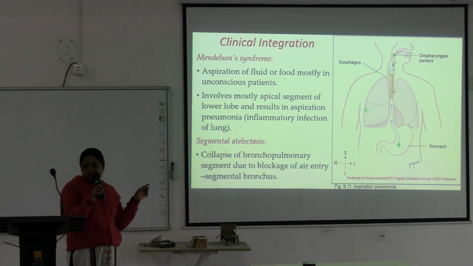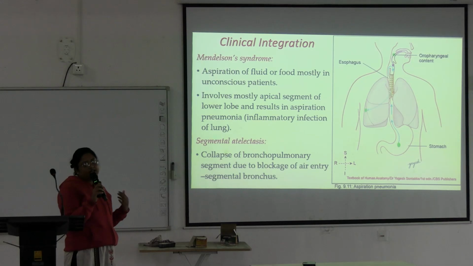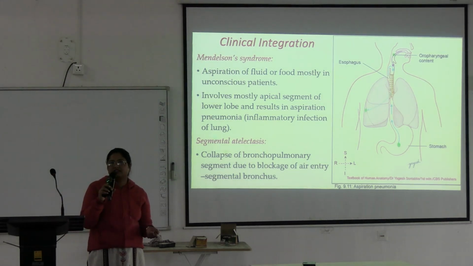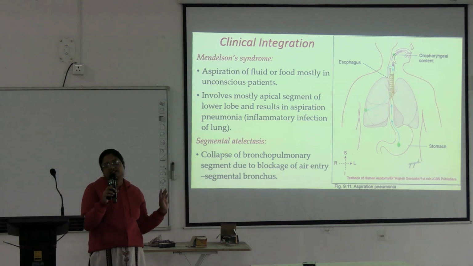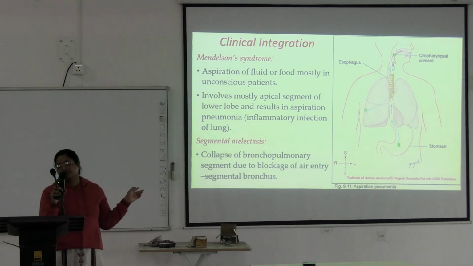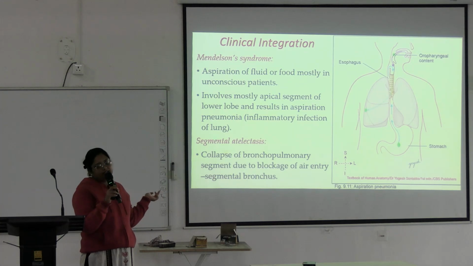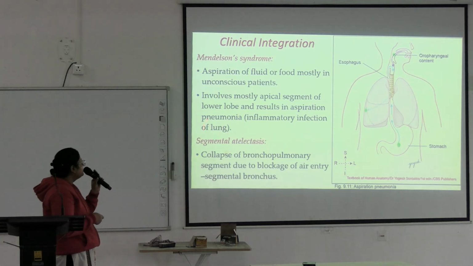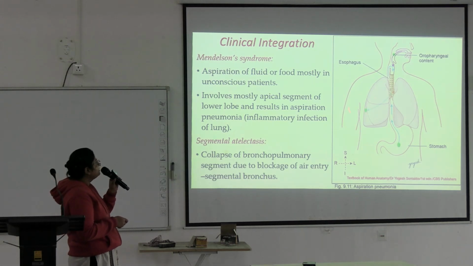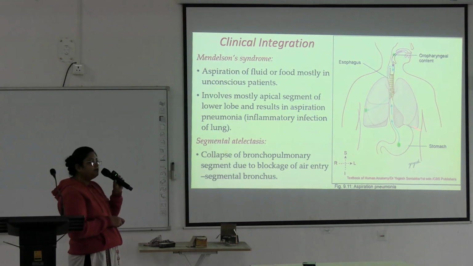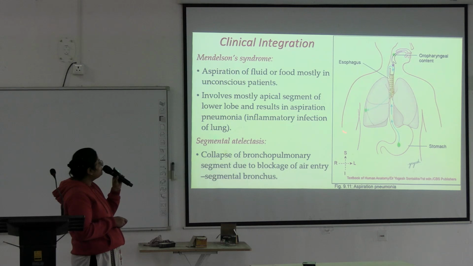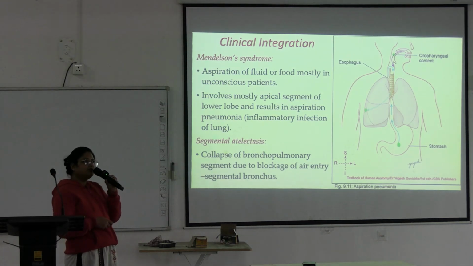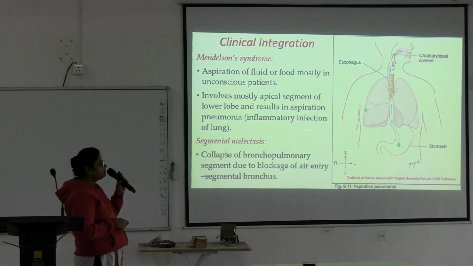Cough reflex is absent in an unconscious patient. Cough reflex helps in removal of foreign body from the respiratory tract. But in an unconscious patient, with loss of this cough reflex, food can easily enter the respiratory tract and tends to go towards the apical segment of the lower lobe of the right lung. So this is the most common site for aspiration pneumonia, which is important for your anesthesia.